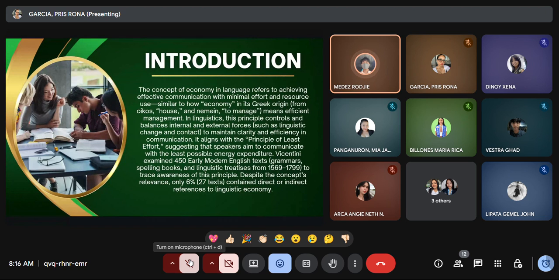For example, we often say TV instead of television or photo instead of photograph. So that's language economy in action. It saves time and energy while keeping meaning clear.